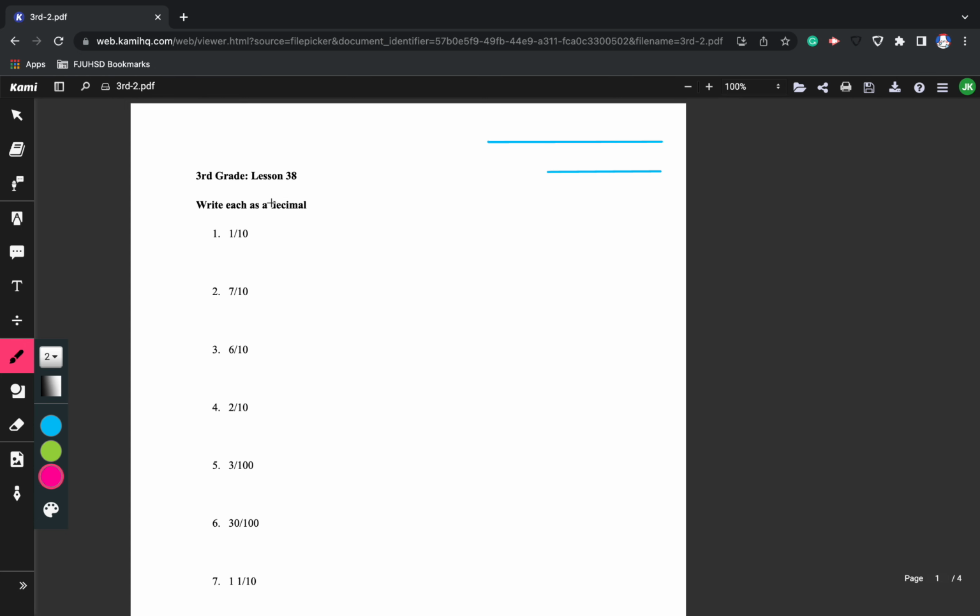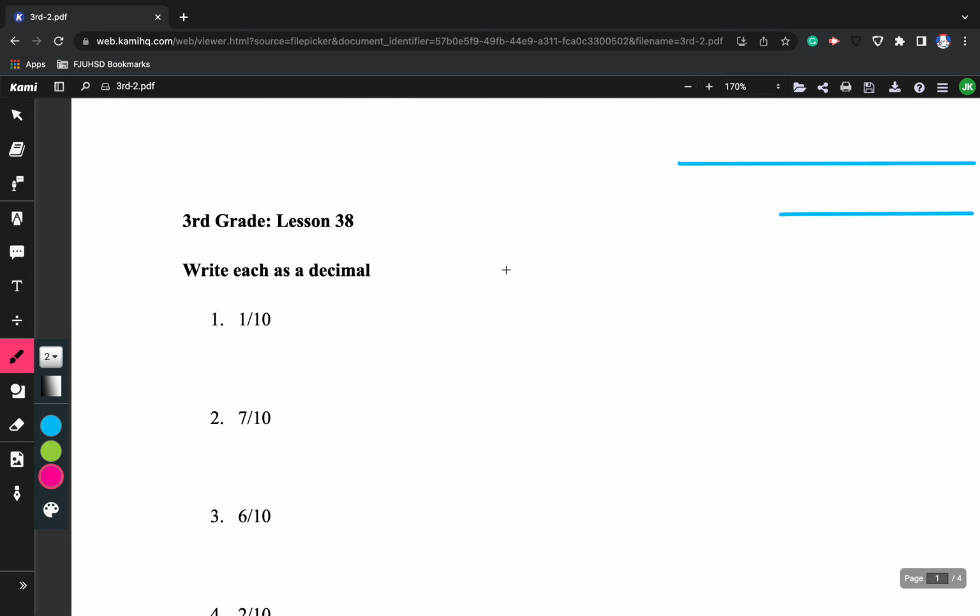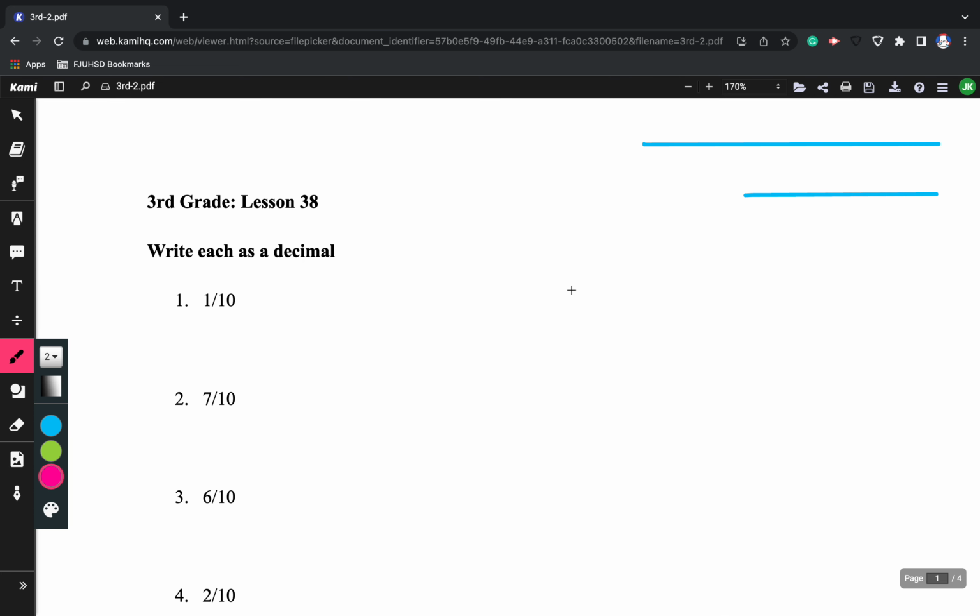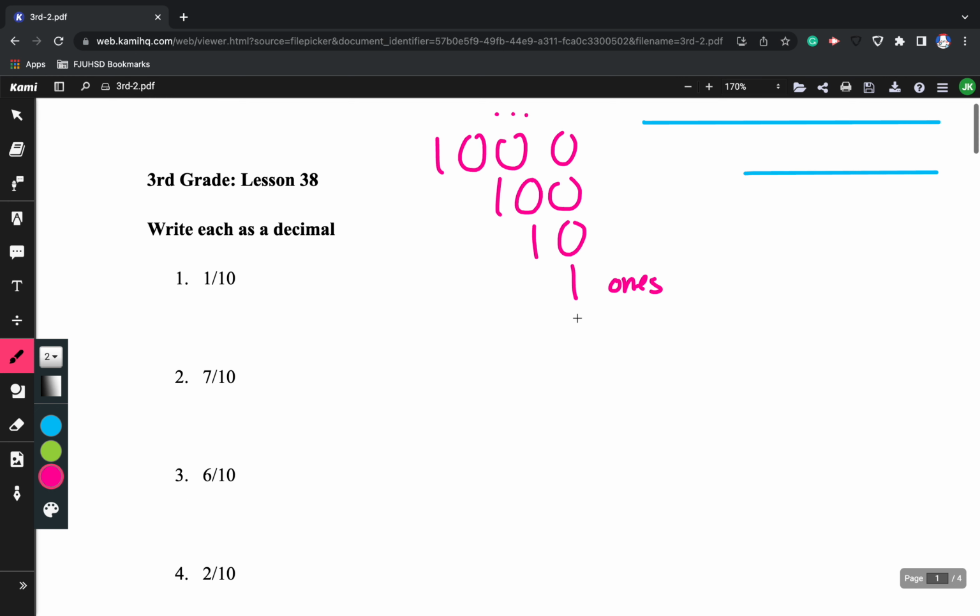You must be wondering what decimals are. Basically, remember how there's base 10, right? This is the ones, and we go from tens, hundreds, thousands, etc. This time we're going to add a decimal. This is a decimal point.